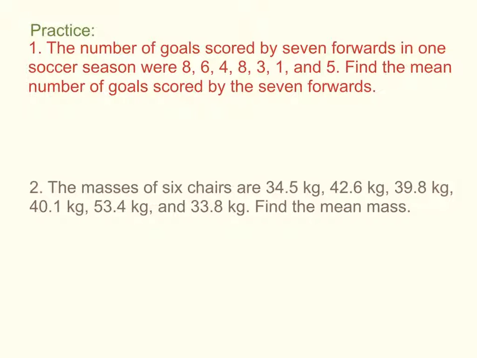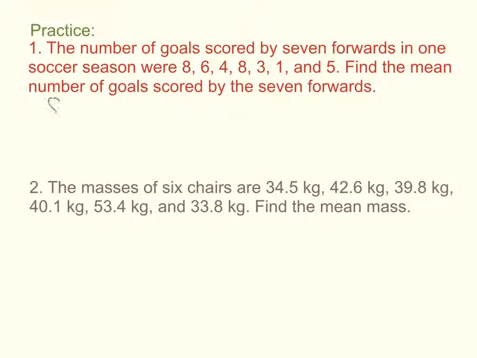So the first problem is: the number of goals scored by 7 forwards in one soccer game were 8, 6, 4, 8, 3, 1, and 5. Find the mean number of goals scored by the 7 forwards.